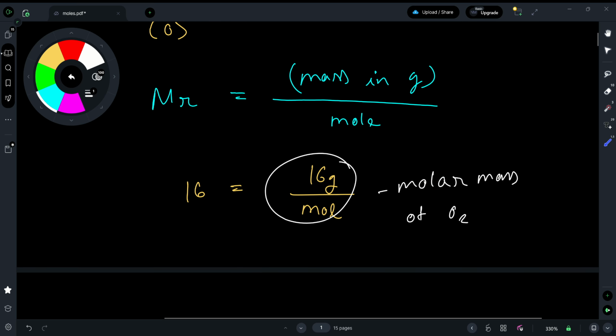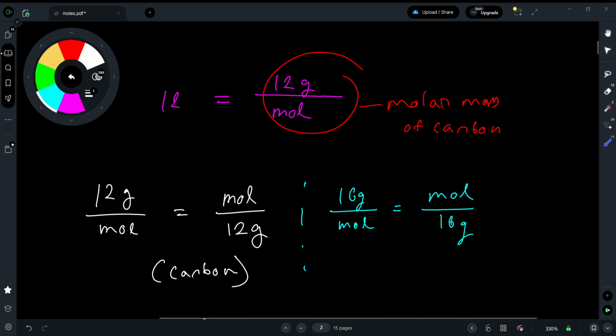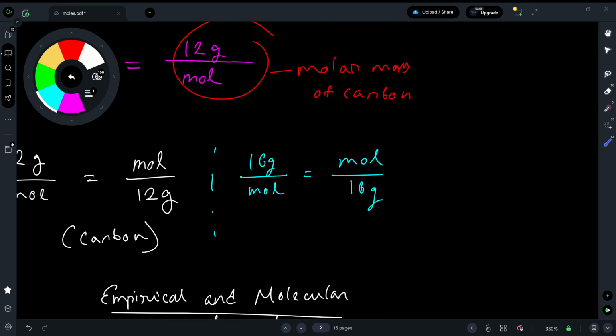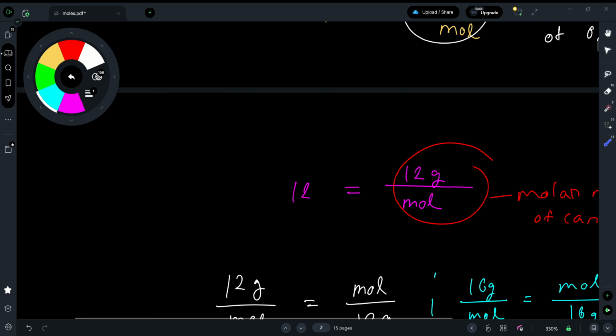Over here, remember when I showed you the reciprocal, you can write 12 gram per mole as mole per 12 gram. So what we had was Mr equals 12 gram per mole for carbon. When we flip this, you get the reciprocal on both sides.